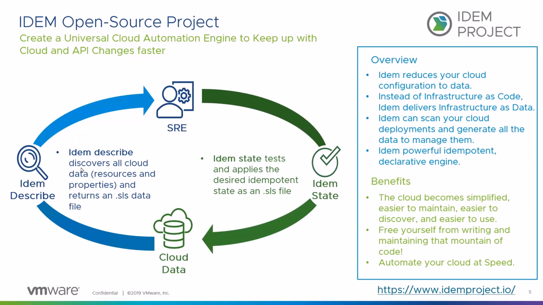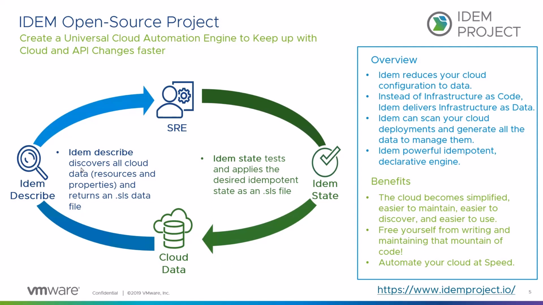Idem reduces your cloud configuration into data. What that means is that instead of infrastructure as code that you have to write as an SRE, Idem delivers the infrastructure to you as data using Idem describe.